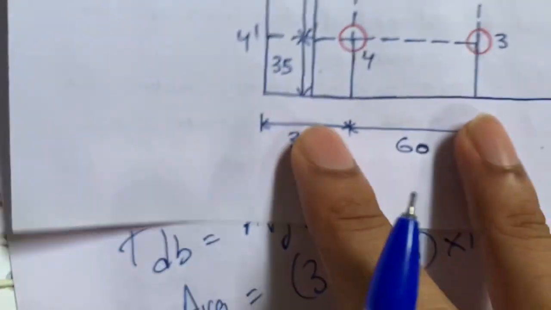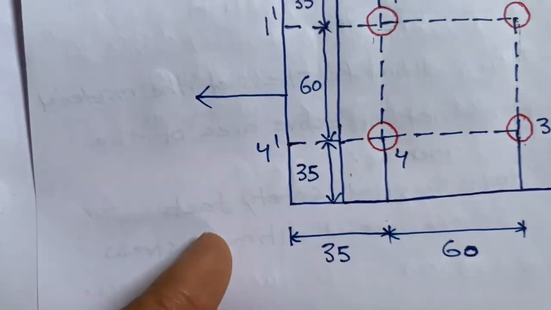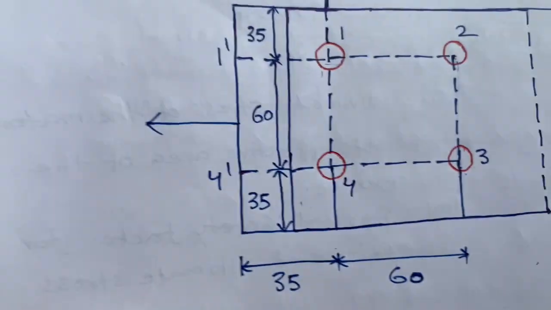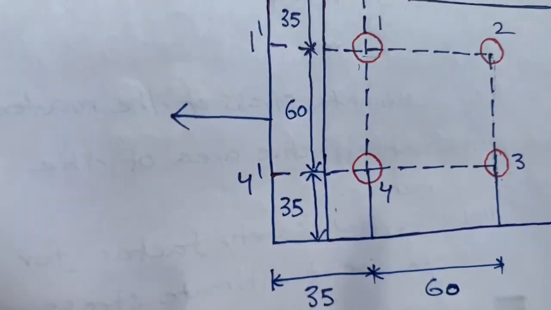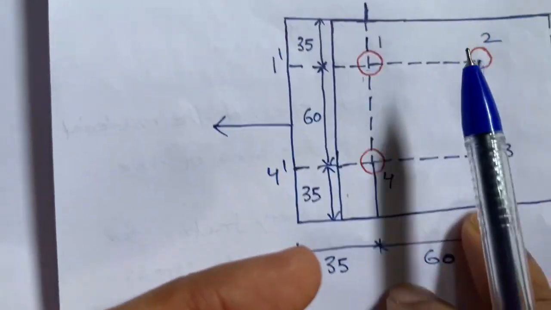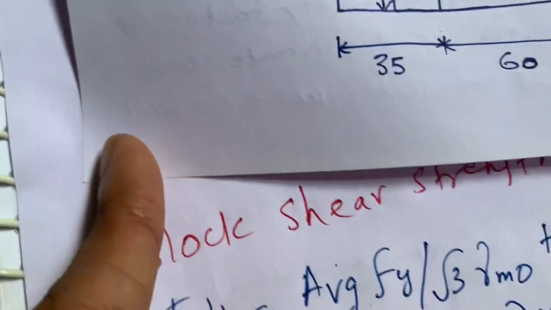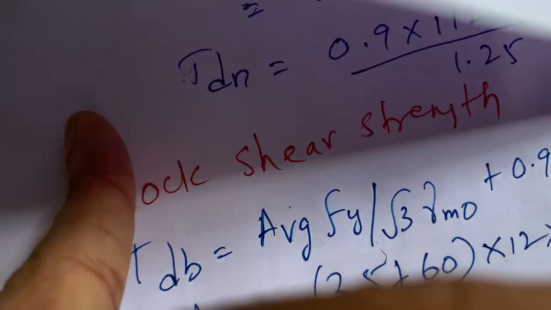I will show how I calculated this. This is 35 because our shear direction is in this direction. This is our shear direction. So our value is 35 plus 60.